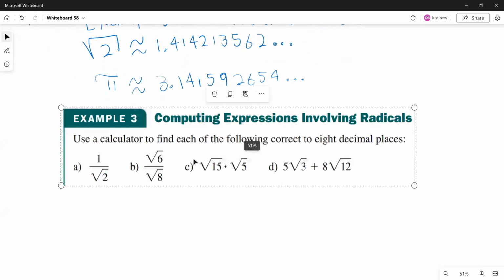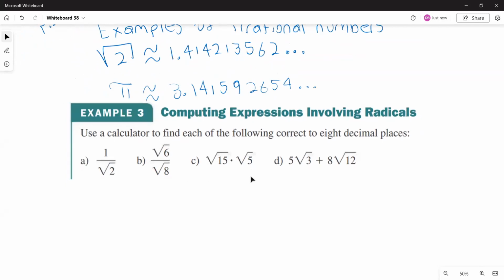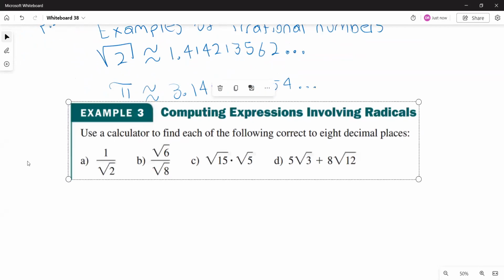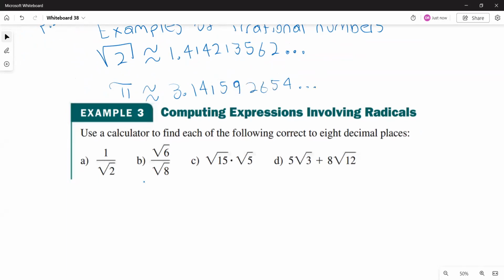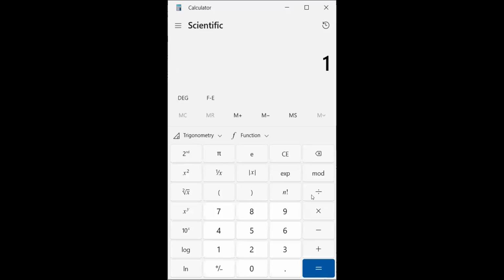We're going to approximate the following numbers with a calculator, correct to 8 decimal places. The first one is 1 over square root of 2. So approximated to 8 decimal places. So let's check. 1 over square root of 2.